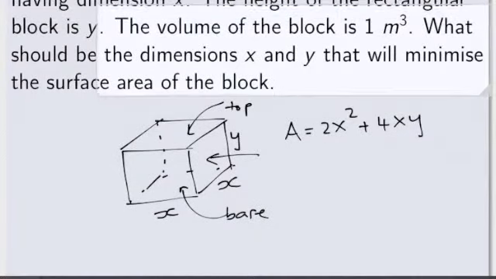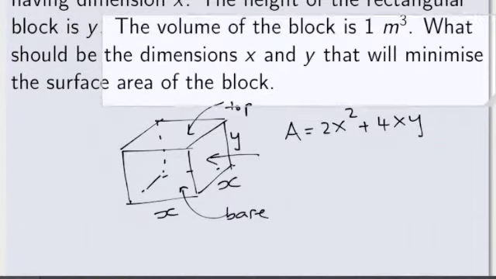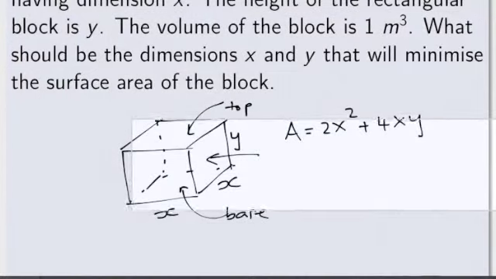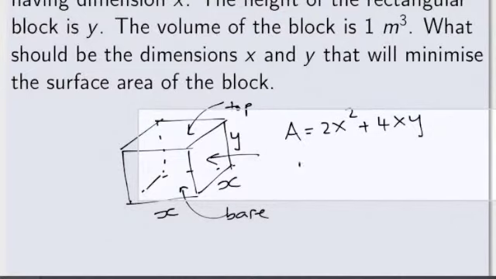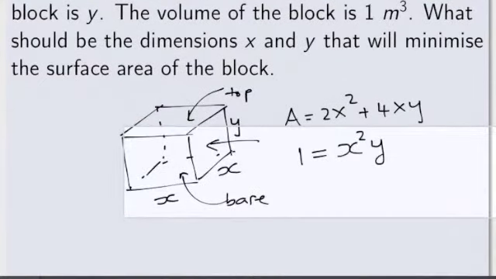We've been given an additional piece of information. We've been told that the volume is 1 meter cubed, so we need to use that information. The volume is given by the base area, which is x squared, times the height of the block, y. So we can express y in terms of x: y equals 1 on x squared.